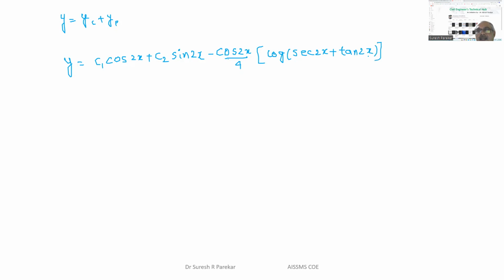And this is the solution for the given differential equation. So always put a box around the answer so that it becomes easy for the examiner to check the answer.